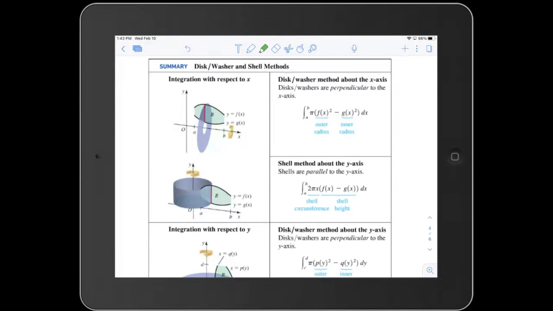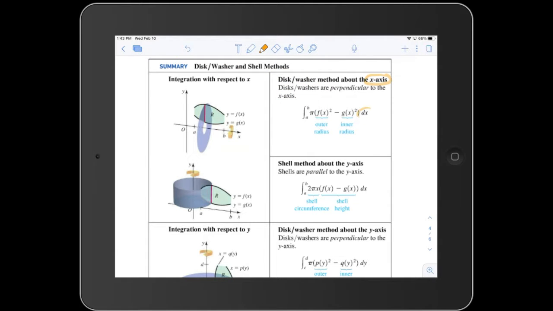So whenever we have disk method and shell method, this is your first box right here, and we have the same variable. You see how the disk method will have the same variable if we're rotating it about that axis, right? So the x-axis right here. So let me highlight what I'm talking about.